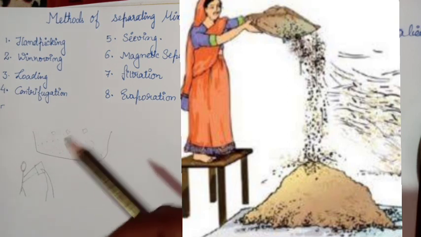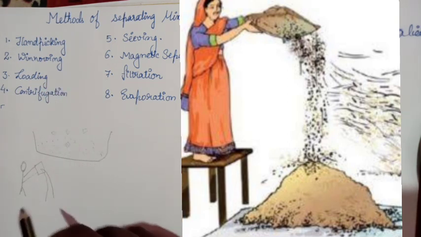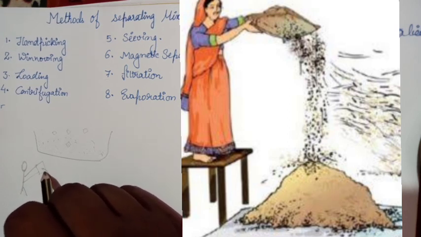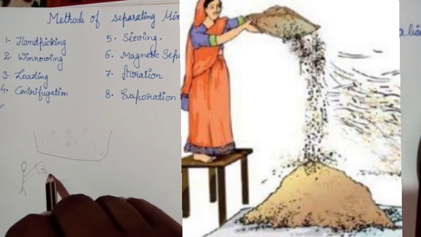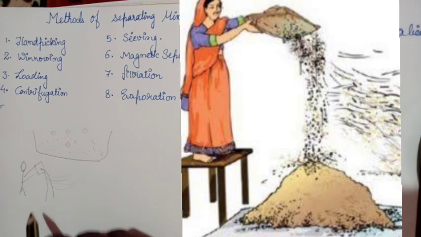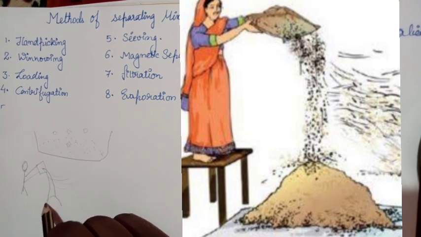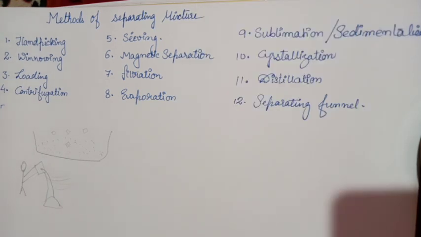The grains, being heavy particles, fall down, and the hay or the chaff flies away with the help of the wind. The grain is collected. This is known as winnowing.